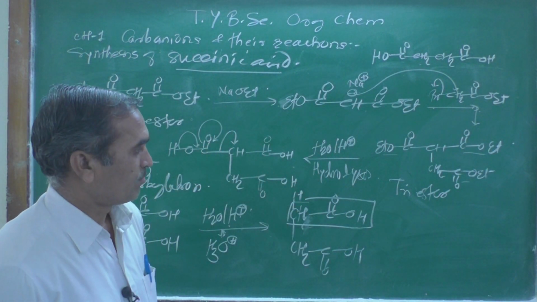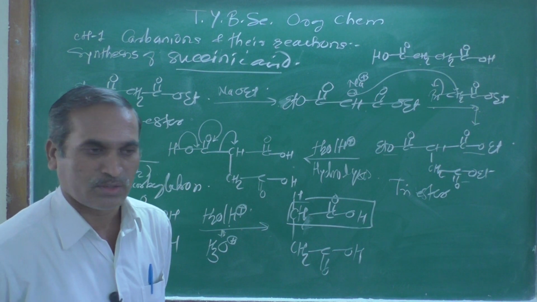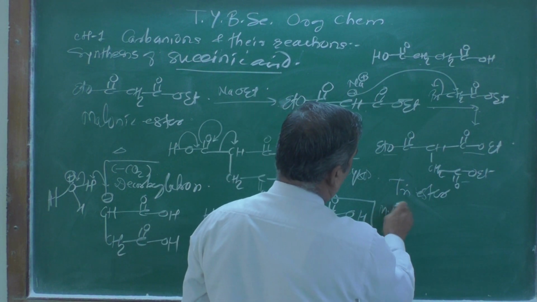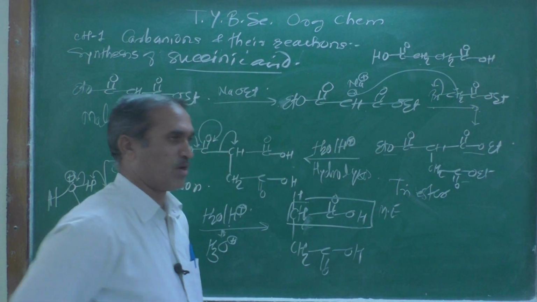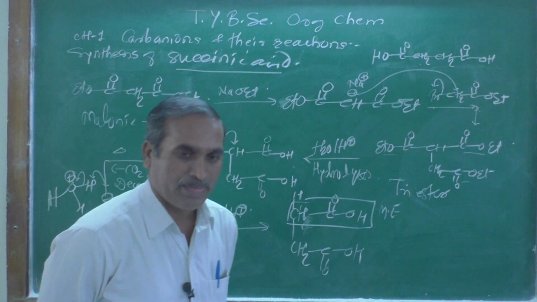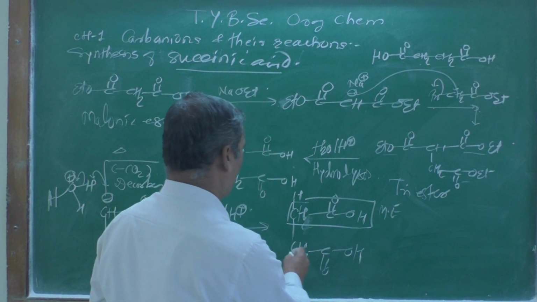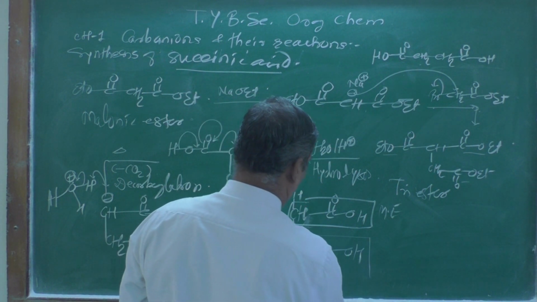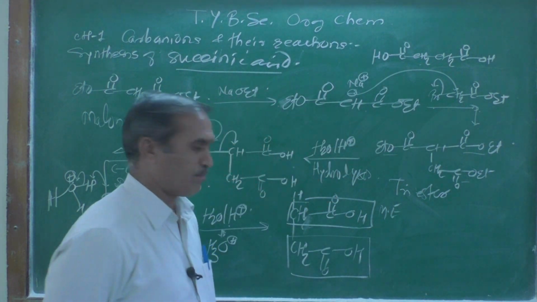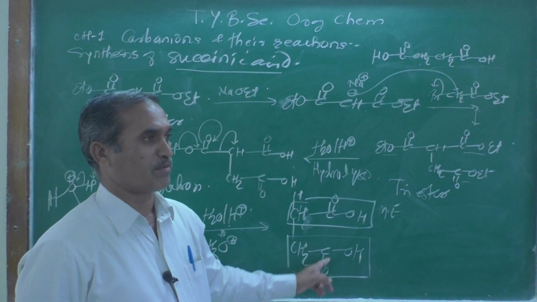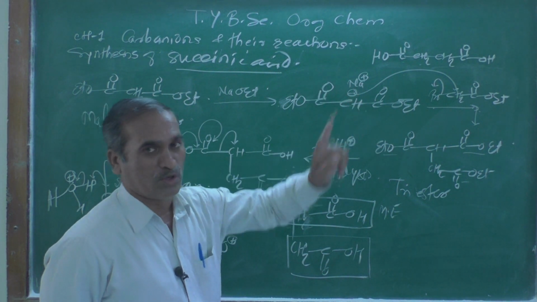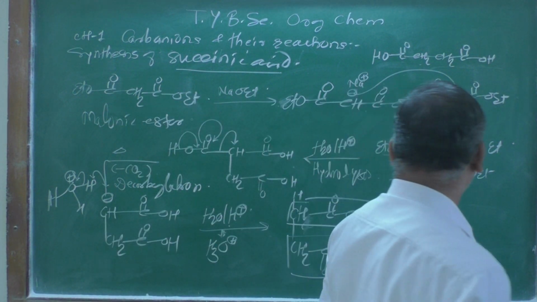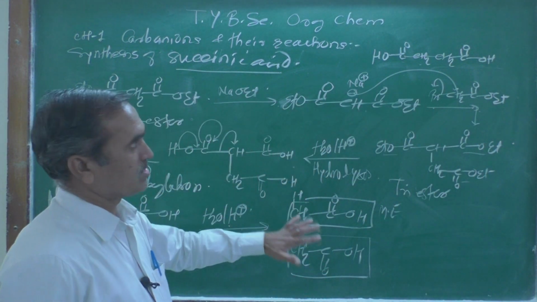This part, from where is it coming, do you remember? This part is coming from the malonic ester. Remember this CH, C double bond OH, this part is coming from the malonic ester. And now over here, this other carboxylic group, CH2 C double bond O, I am marking over here, this is coming from the alpha bromo ester, and therefore we have got this type of compound.